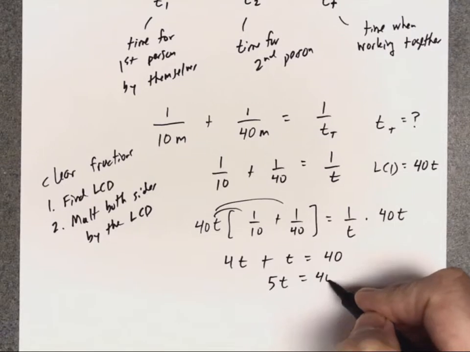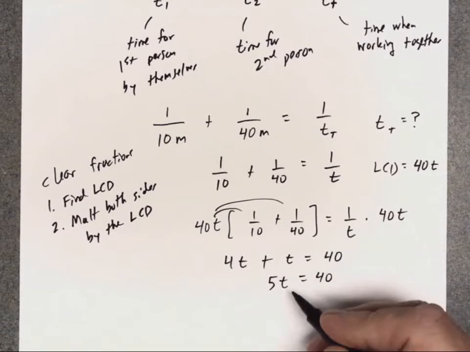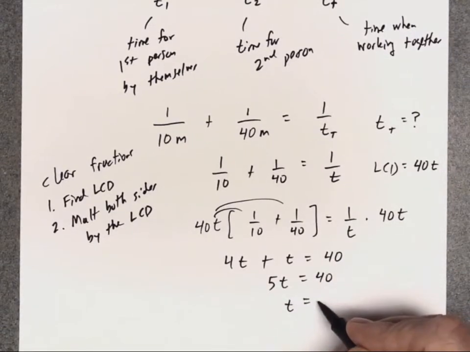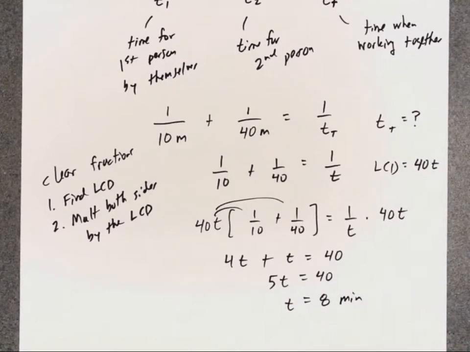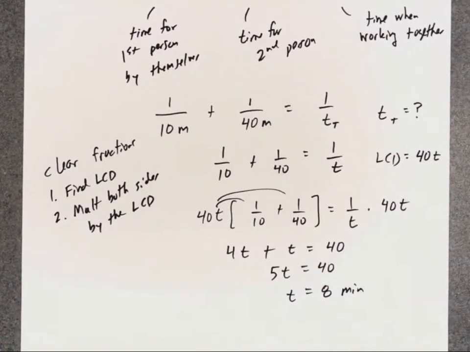5t equals 40. Solve for t, divide both sides by 5. So this looks like t is 8 minutes. What is t? T is the time it takes them to do the job when they work together.